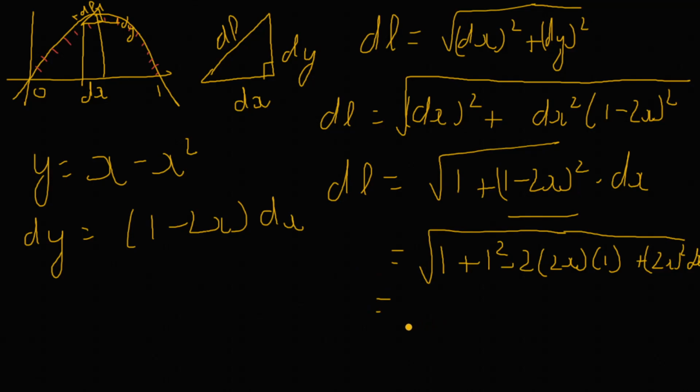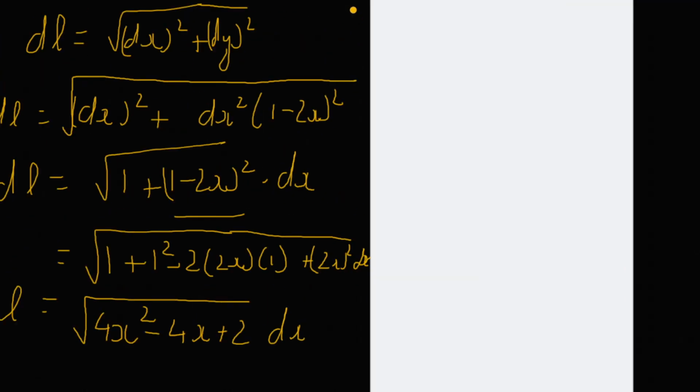Which is under root of, this is going to be 4x square, and 1 plus 1 is 2, and 2 into 2x is 4x. 4x square minus 4x plus 2 dx. So now we have dl equal to under root of 4x square minus 4x plus 2 dx.